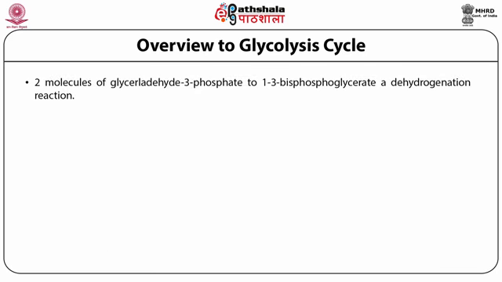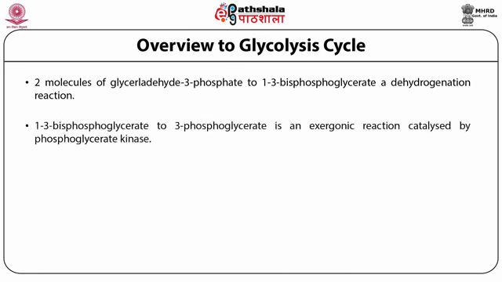Glyceraldehyde 3-phosphate is converted to 1,3-bisphosphoglycerate, which is a dehydrogenation reaction catalyzed by glyceraldehyde 3-phosphate dehydrogenase. Here in this reaction, NADH is formed. Additionally, the above oxidation reaction is coupled with the phosphorylation reaction that yields 1,3-bisphosphoglycerate.